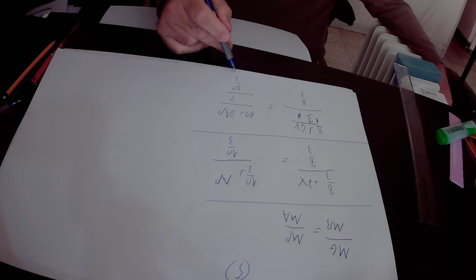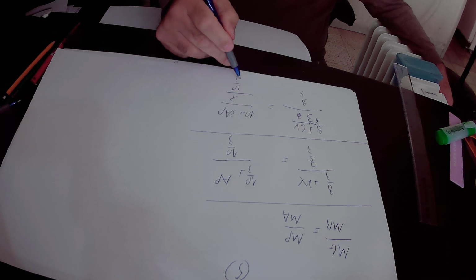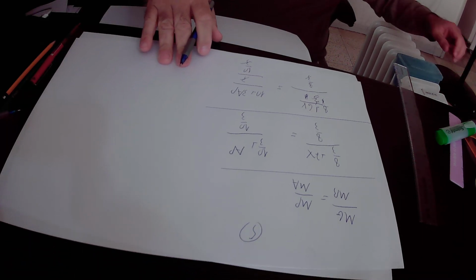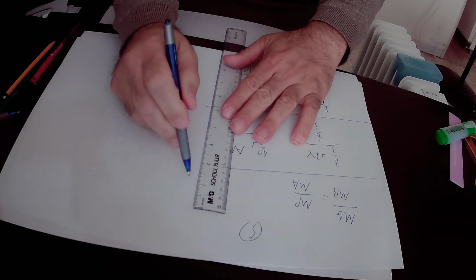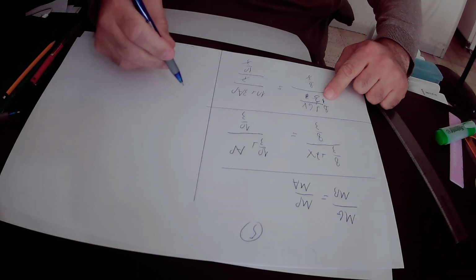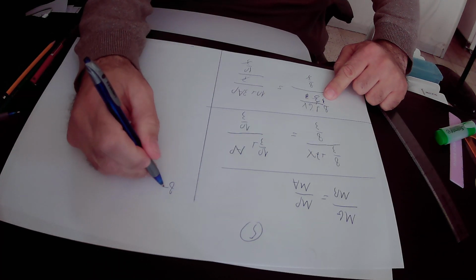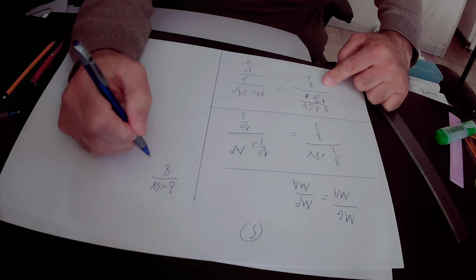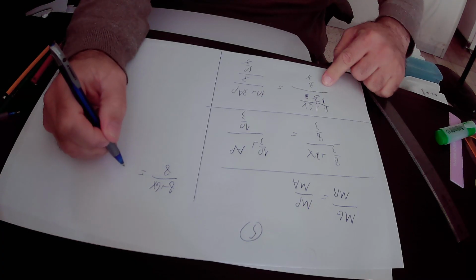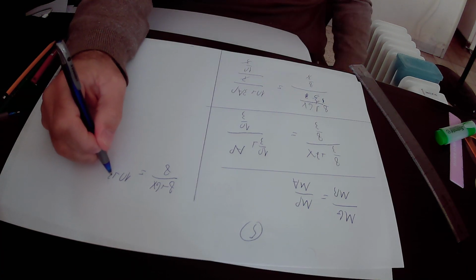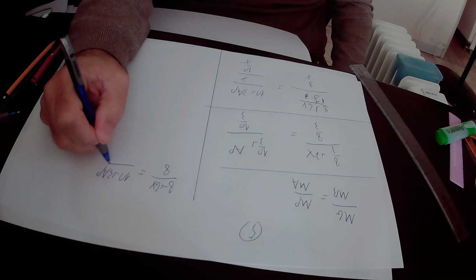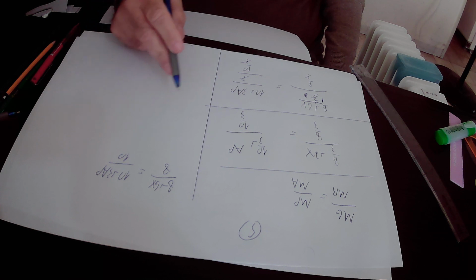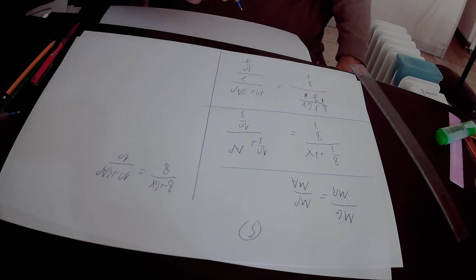So here we have 3 in the numerator and 3 in the denominator, so 3 will get cancelled. Here also we have 3 in the numerator and 3 in the denominator, so 3 will get cancelled. And finally on this side of the equation we have 8 plus 6x over 8 equals 10 plus 3AP over 8. This is the expression after we cancelled 3 on both sides of the equation.